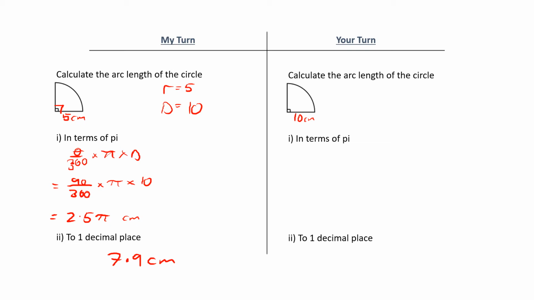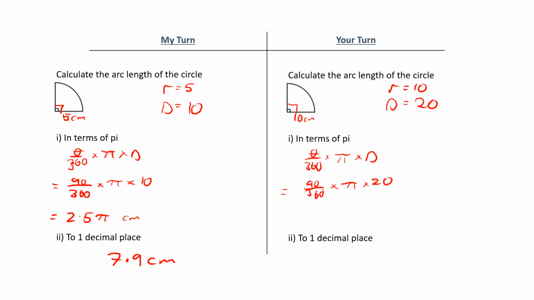Again, starting with our formula, theta divided by 360 times pi times diameter. Fill in what we know. Theta in this case is our right angle again, 90 degrees. So it's 90 over 360 times pi times what? The radius is 10, so the diameter is 20.